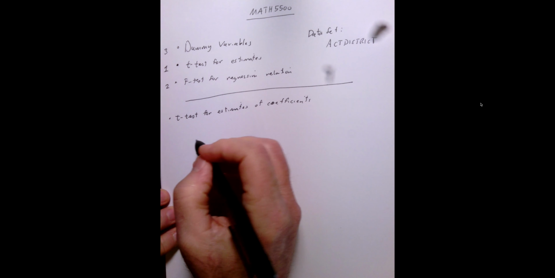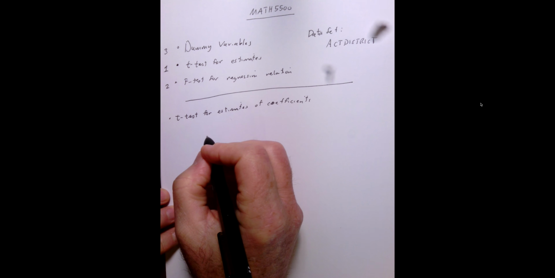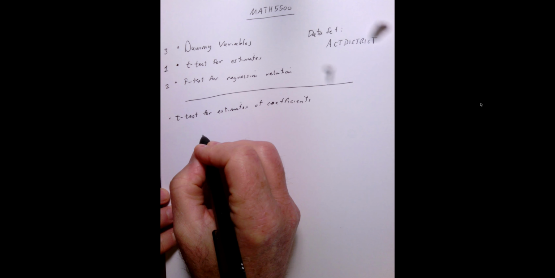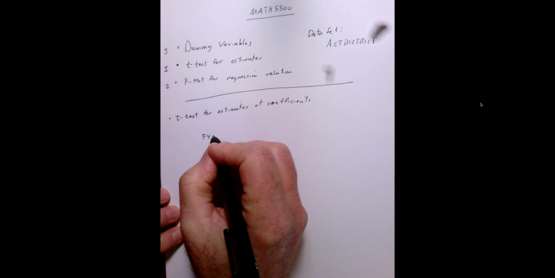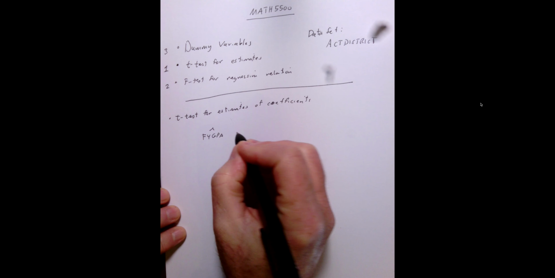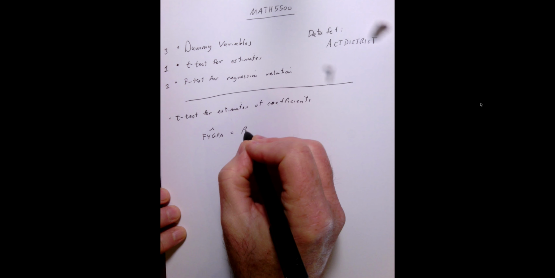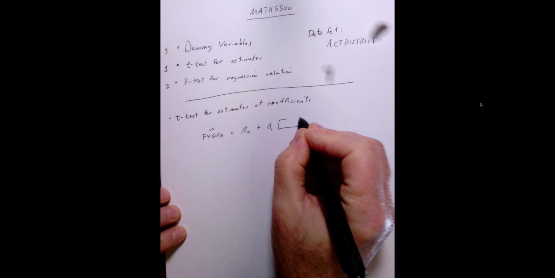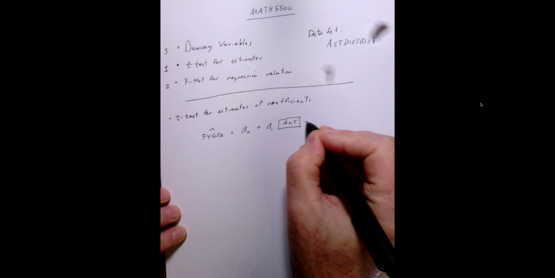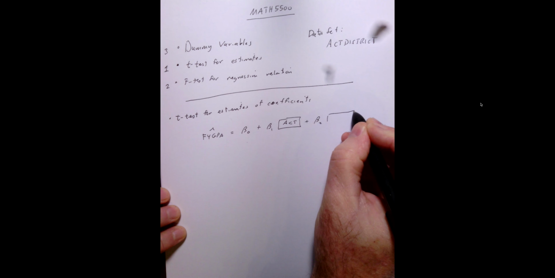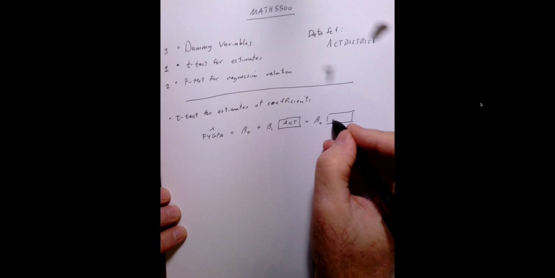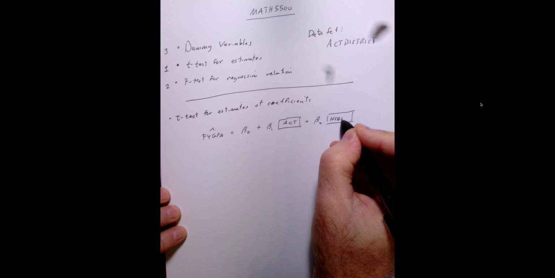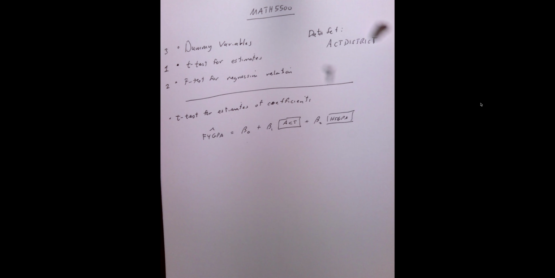Now, what I want you to know, let's say, for example, that we are predicting first year college GPA from, of course, a beta 0, and let's say a beta 1, which is the coefficient for maybe ACT, and a beta 2, which is a coefficient for high school GPA, whatever. Just a few predictors here.